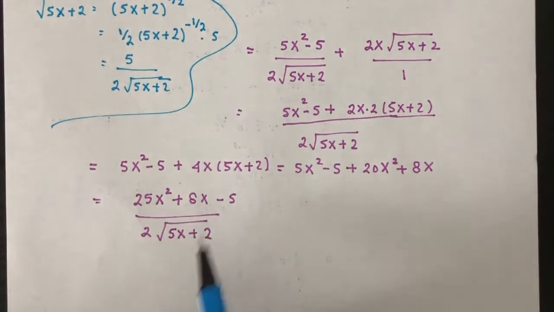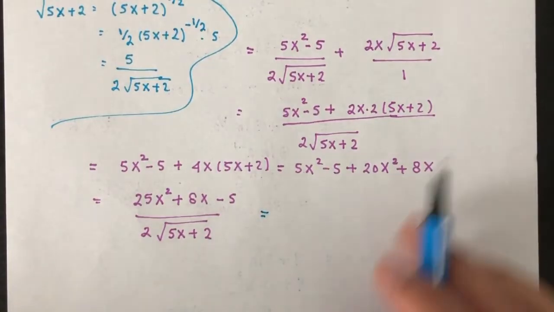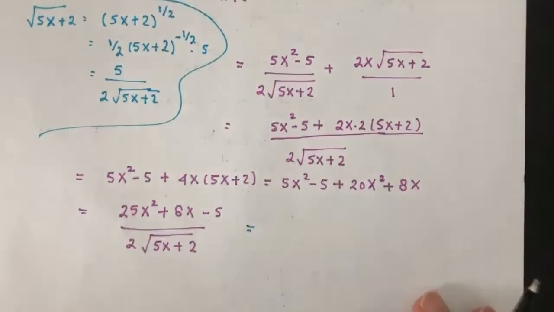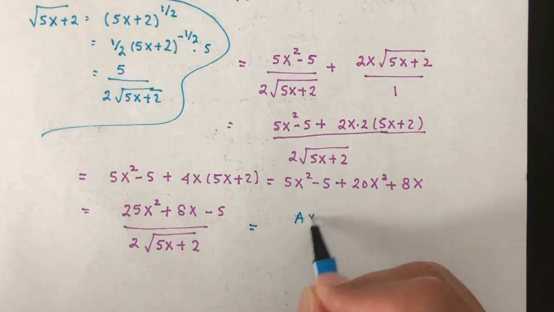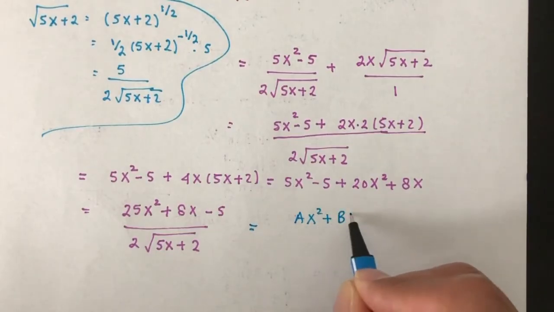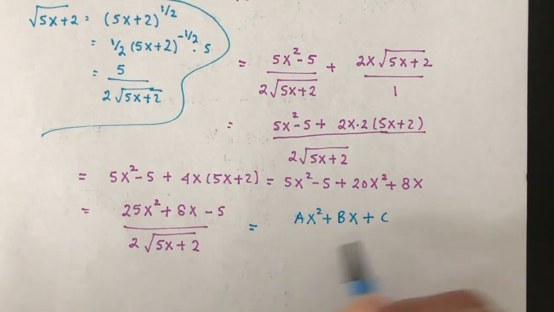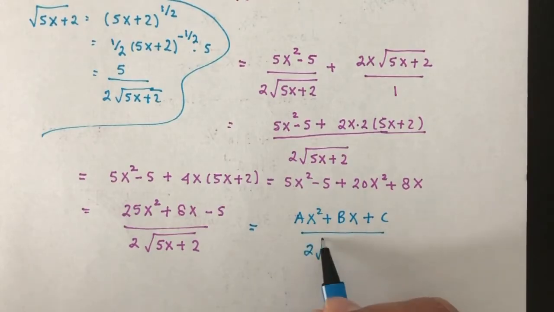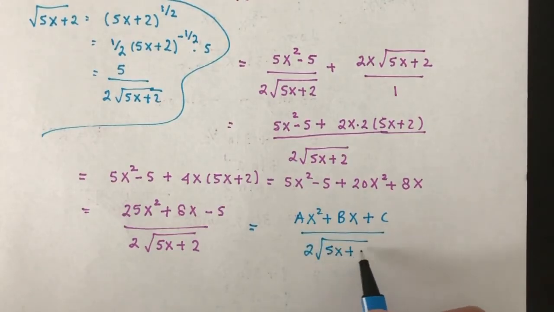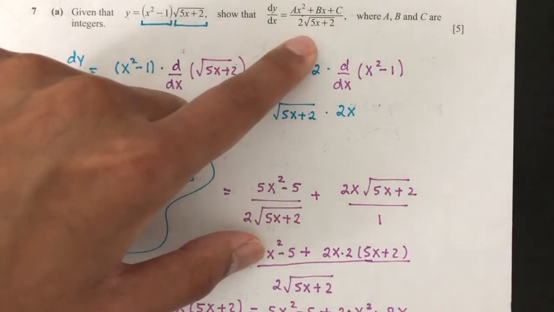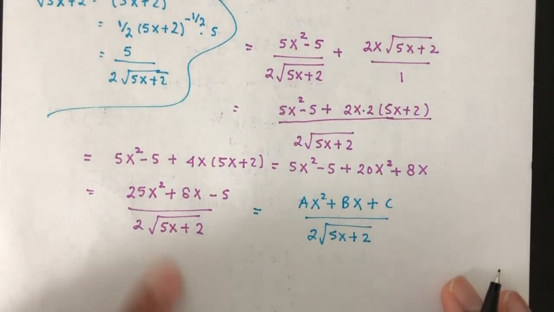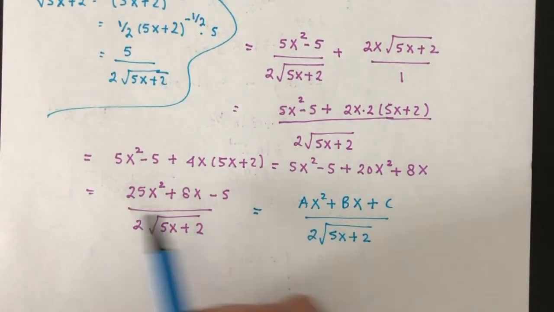So as you can see, this is basically the same as this, right? Which is ax squared plus bx plus c over 2 root 5x plus 2. As you can see, we need to express this in this form, where the value of a is 25, b is 8 and c is minus 5.